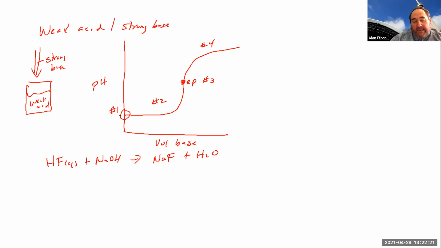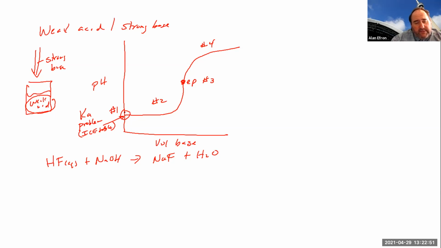First off, at number 1, we're starting with a weak acid versus a strong acid, so it requires a little more work to get to the pH. It is a Ka problem, which means you have to do an ICE table with molarity. Again, you would solve for X, X would be your H plus concentration, and that would get you to your pH.